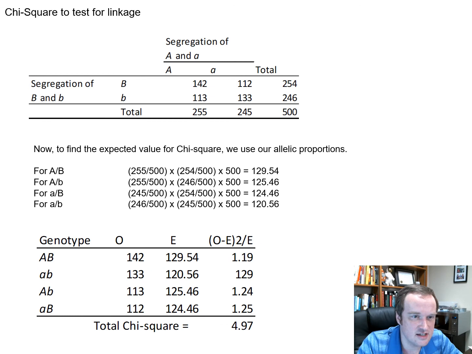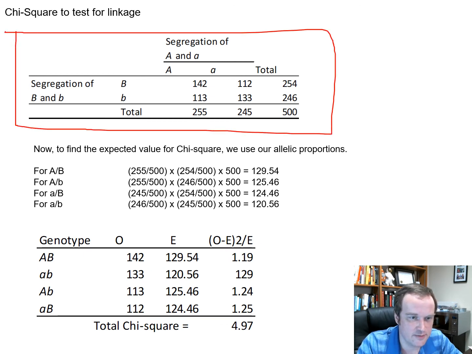Okay, so I just took this from the last slide, just moved the table over to give us more space. And so now we can find our expected values for chi-square using these allelic proportions that we made. So our expected number of individuals that have big A, big B is our big A column, so 255, and our big B row, 254.